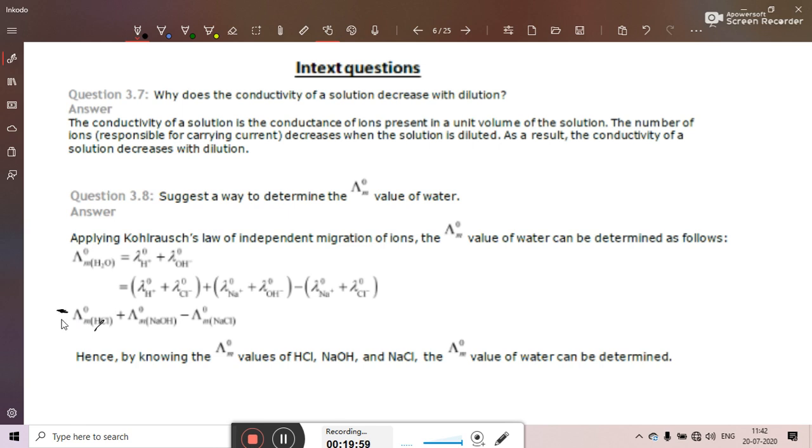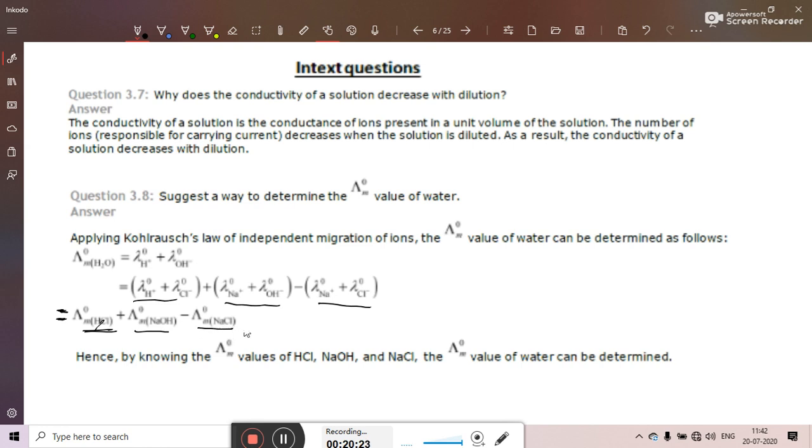So that is equal to lambda naught of HCl plus, lambda naught of Na+ and OH- will together form lambda naught of NaOH. Then minus, now when you take this in bracket, this minus becomes plus, okay? That's why inside it is plus. Now lambda naught of Na+ and lambda naught of Cl- will together form lambda naught of NaCl.